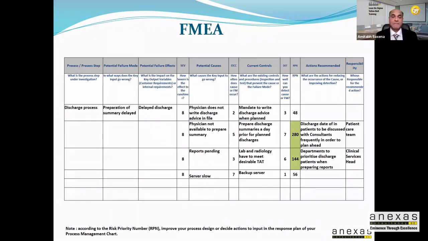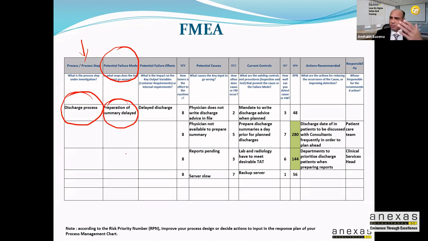Now, what is that? See, FMEA is a tool where we first write the process step, what I'm trying to improve. So here I'm trying to improve the discharge process. Then I write what can be the failure mode. Here, the discharge summary is delayed. There can be so many.